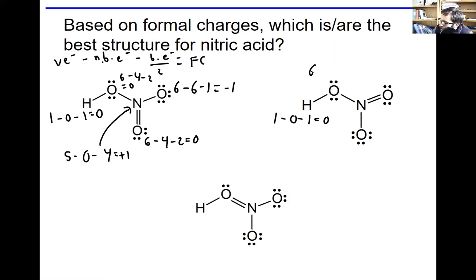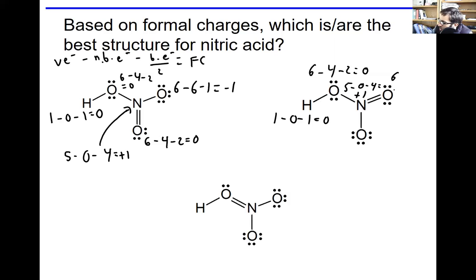Here, oxygen has 6 valence electrons, 4 non-bonding, and 2 bonds. That equals 0. Here, nitrogen has 5 valence electrons, no non-bonding, and 4 bonds, so that's going to be +1.